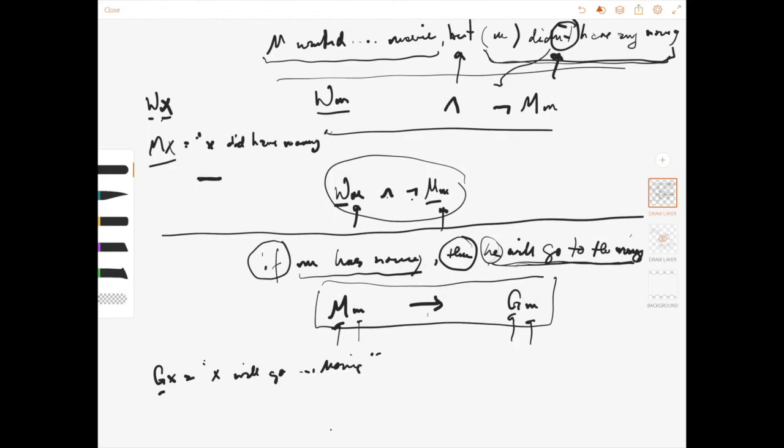So this is how we handle compound predicates or compound arguments. Compound predicates will mean that we'll have to use operators to connect them. And when we have compound subjects, we will have to first split the propositions as we did here and here.